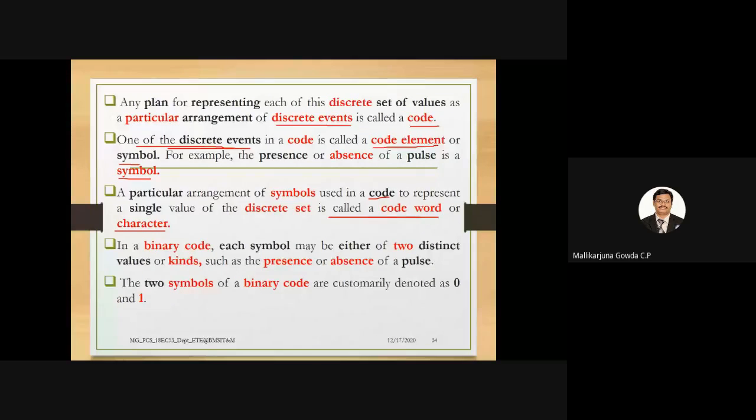In binary code, each symbol may be either of two distinct values, such as presence or absence of the pulse. The two symbols of the binary code are denoted as 0 and 1. This you already know very well.